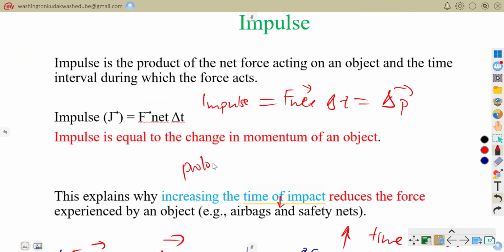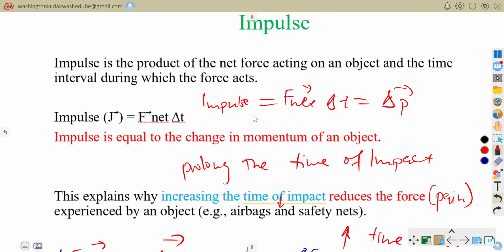They prolong the time of impact. When we increase the time of impact, we reduce the force of impact, or the force experienced by the object. That force is the one that causes pain. So by reducing the force, we are reducing the pain experienced by the object.